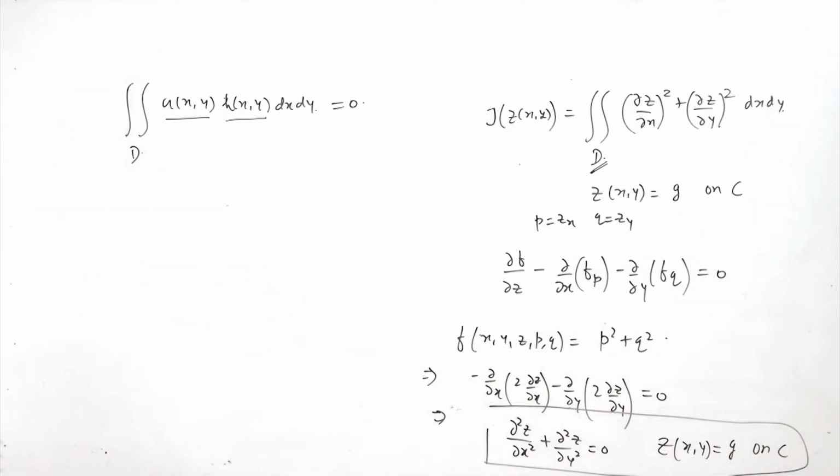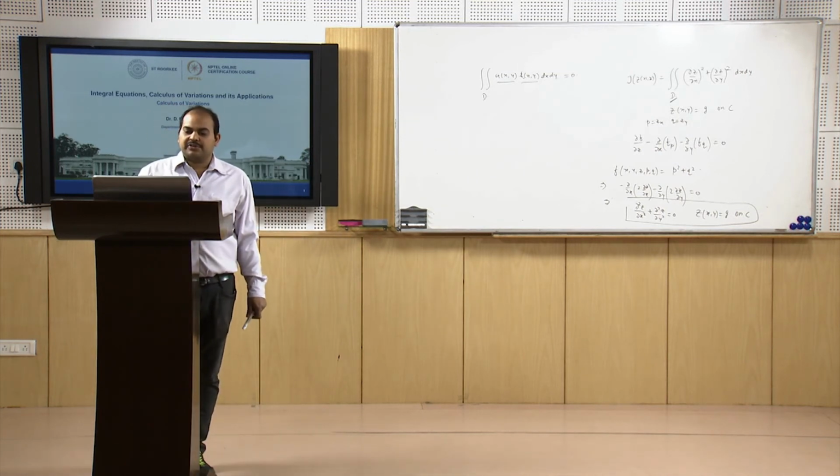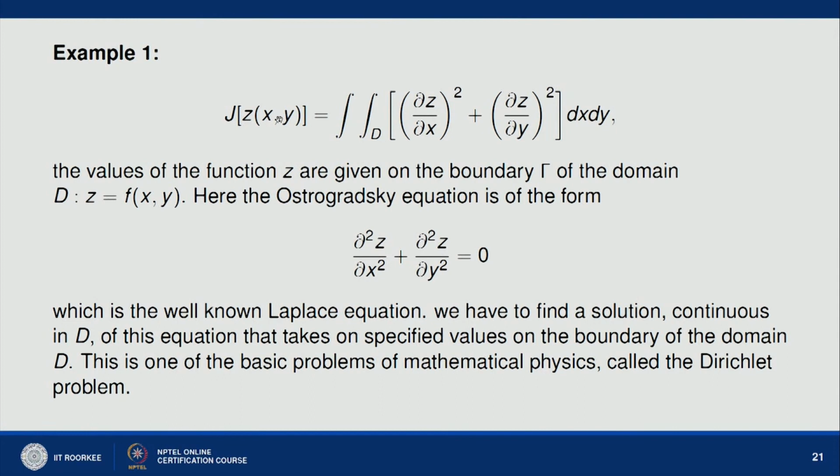So here the Euler-Ostrogradsky equation for this functional is coming out to be the Laplace equation. So we have to find a solution continuous in D of this equation that takes on specified values on the boundary. We are given that z(x,y) is equal to g on the boundary, and this is one of the basic problems of mathematical physics, which is known as the Dirichlet problem.